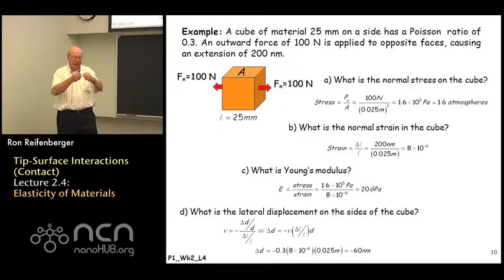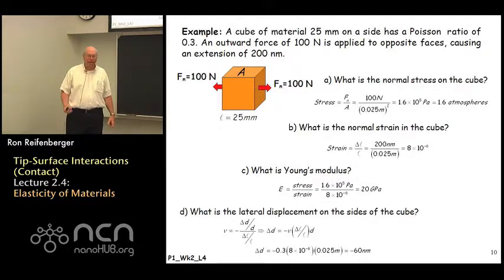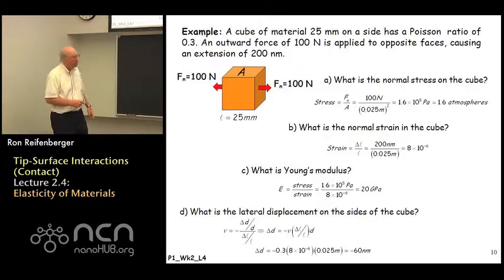What we do is we rig up an experiment where we apply 100 newtons of force to the cross-section, perpendicular to the cross-sectional areas of this cube. And in the process of applying that 100 Newton force, we measure that the cube extends by about 200 nanometers. So we've got a delta L in this case of 200 nanometers.